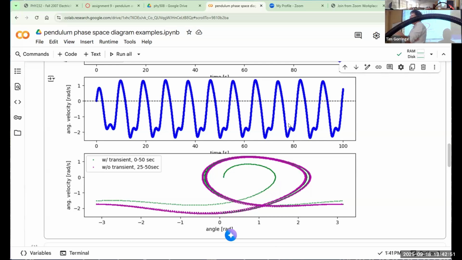So that's period doubling, what's happened here. The pendulum motion in steady state is indicated by the magenta curve here. Now, you look here, there are two distinct magenta lines.